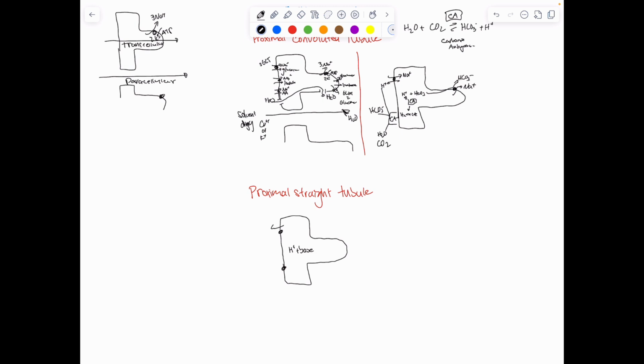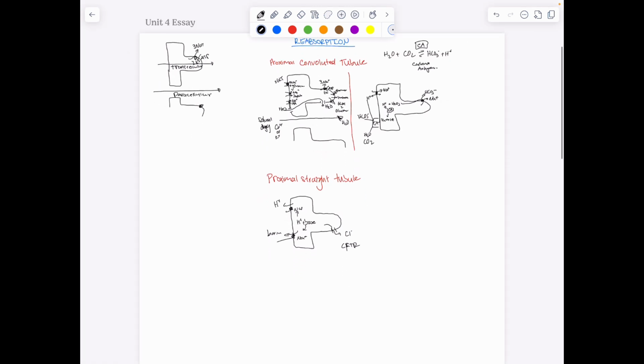And so we're going to have a hydrogen come out with sodium. And then we're going to have the base come out with sodium. And over here we have a chlorine leak channel called CFTR. And that is how chlorine gets reabsorbed.